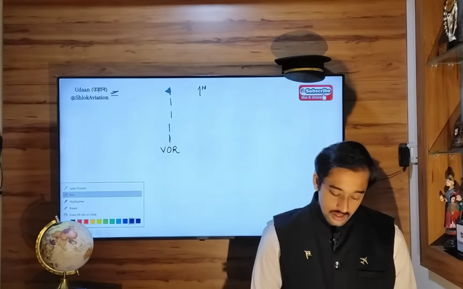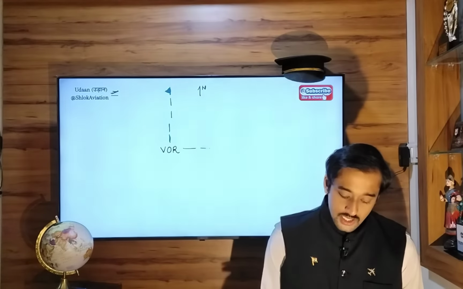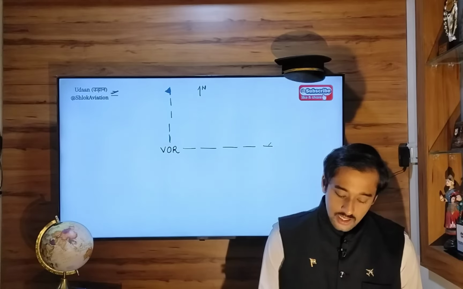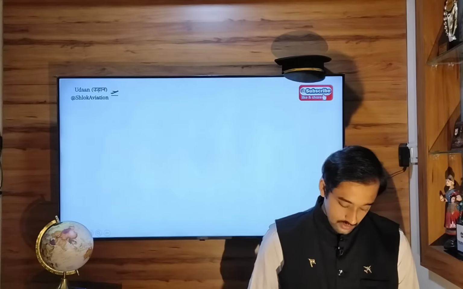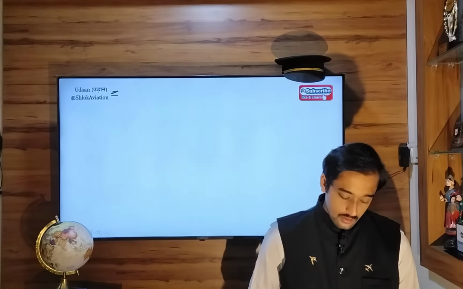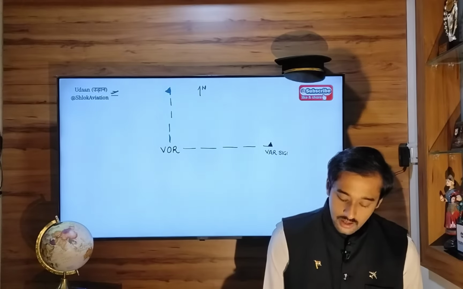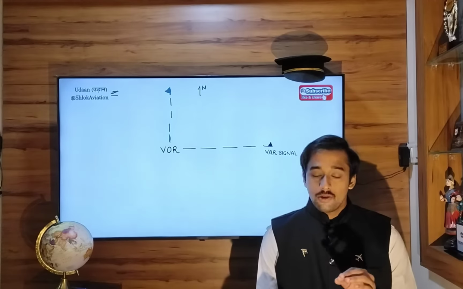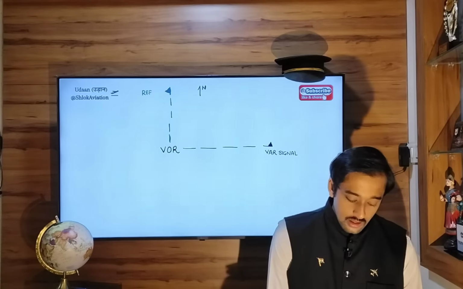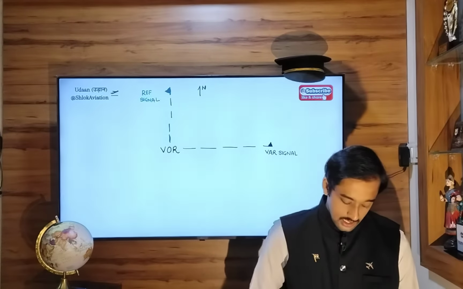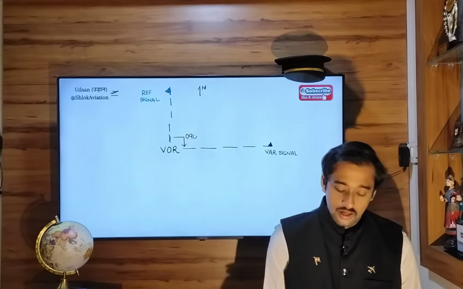So it may happen that during its rotation, for the purpose of this example, let's consider this is where your variable signal has reached with respect to the VOR station. Now the phase difference, or the angular difference, between your reference signal and this particular variable signal is 090.